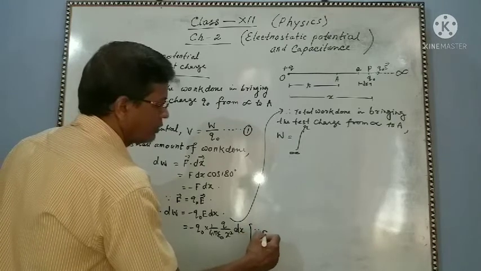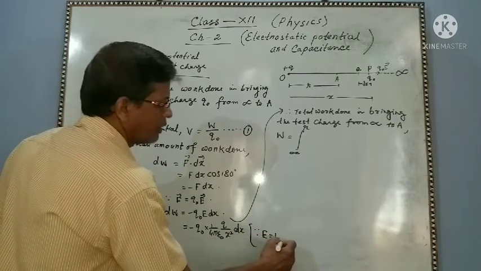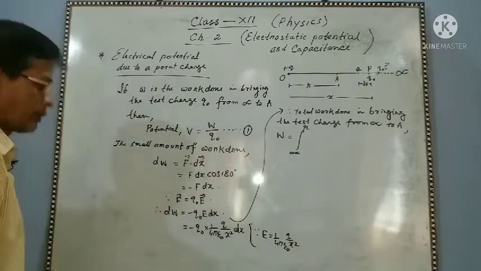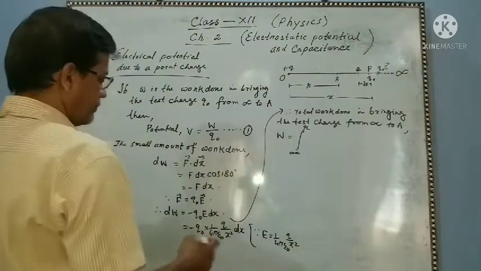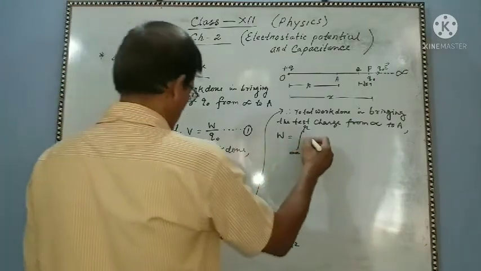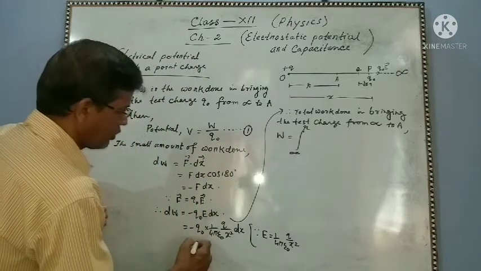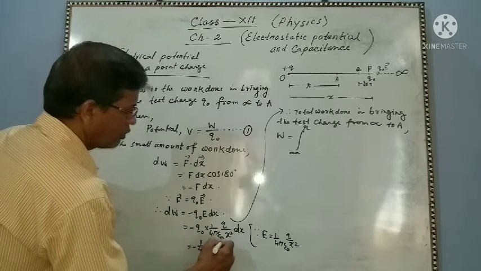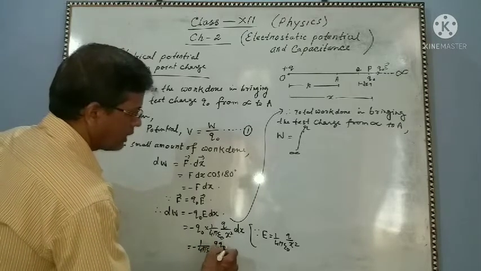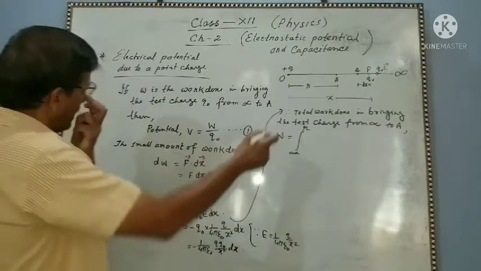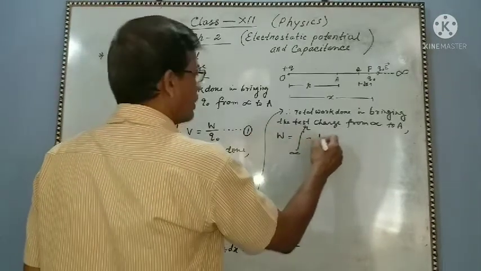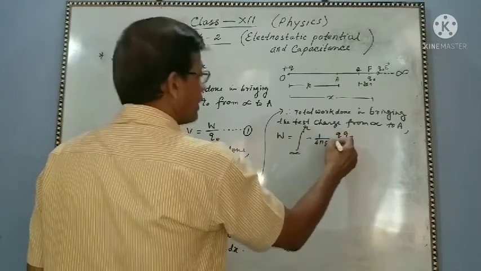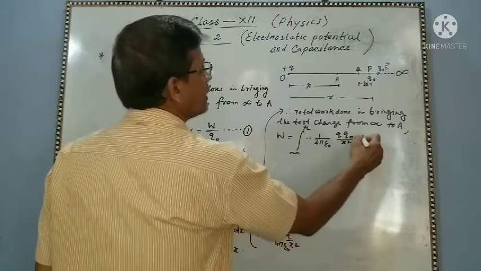Since E equals 1 by 4 pi epsilon naught Q by x square, put it here. If you arrange this, minus 1 by 4 pi epsilon naught Q0 by x square dx.